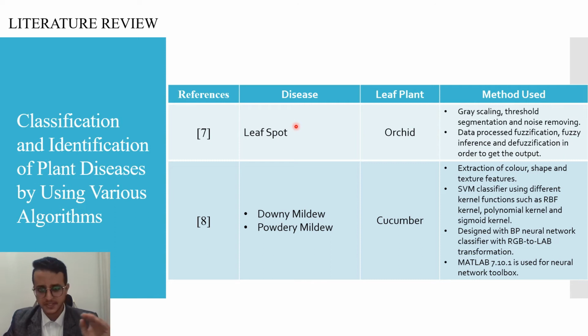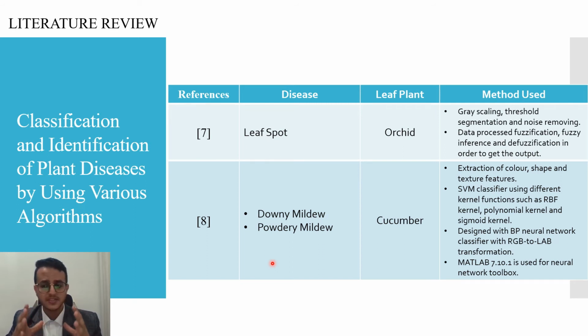In the last paper in this research, we'll talk about the cucumber leaf plant, and the diseases that infected a cucumber leaf are downy mildew and powdery mildew. The methods used in this paper for classification and identification are extraction of color, shape, and texture features.